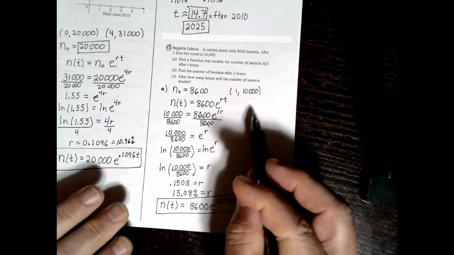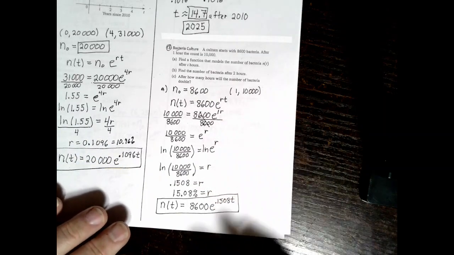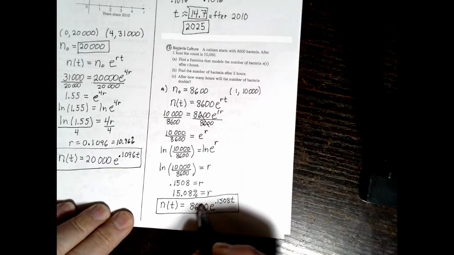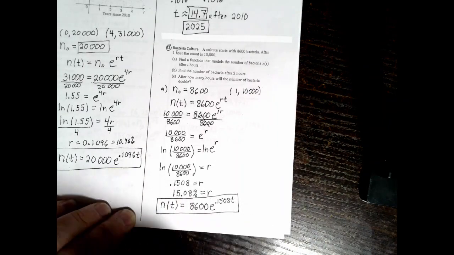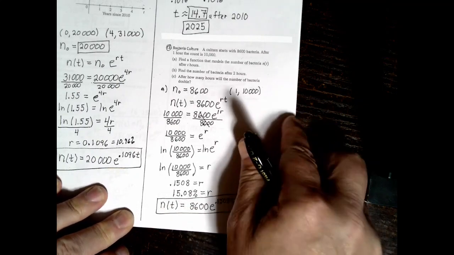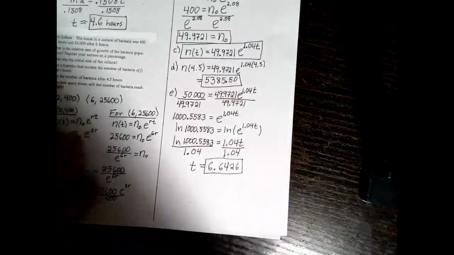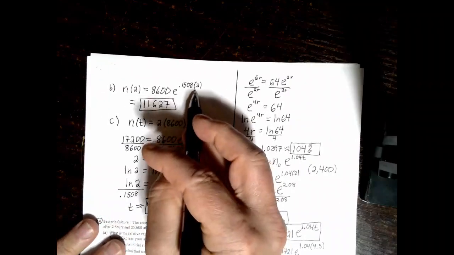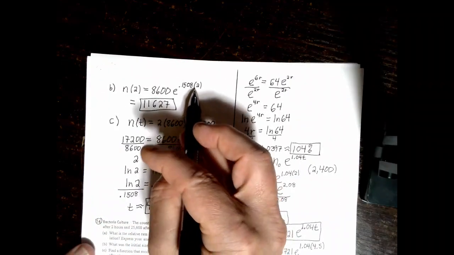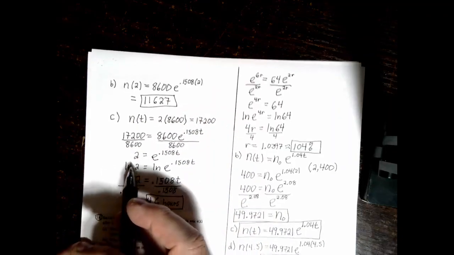Then they're going to say how many hours until the bacteria doubles. So if it starts at 8,600, you multiply that times 2, and that gives you your y value, and you just solve for t. So let's do that here. First one, after 2 hours, you plug a 2 in there, and you get 11,627.